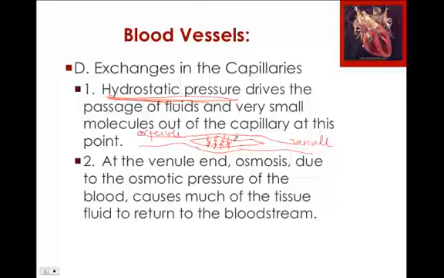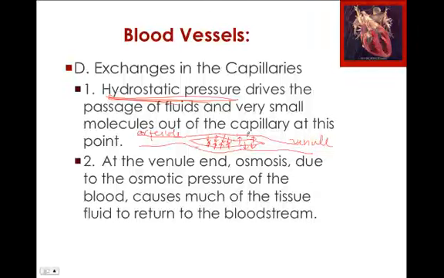So when that hydrostatic pressure drops at the venule end, osmotic pressure will actually drive some fluid back into the blood. And this causes much of the tissue fluid to return to the bloodstream. So just via osmotic pressure, okay?